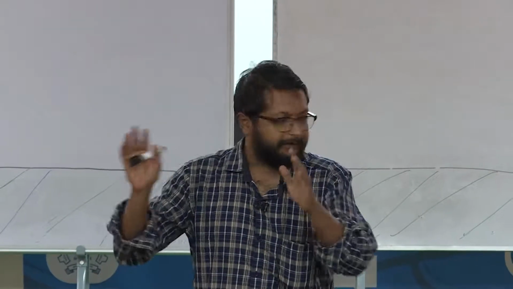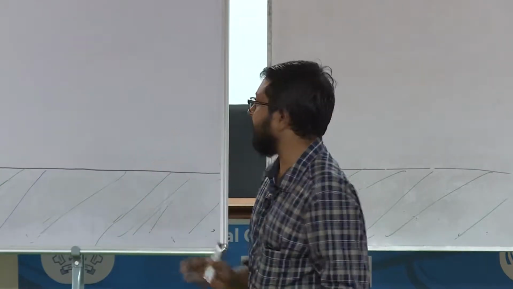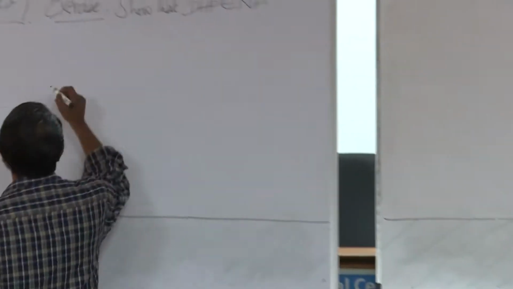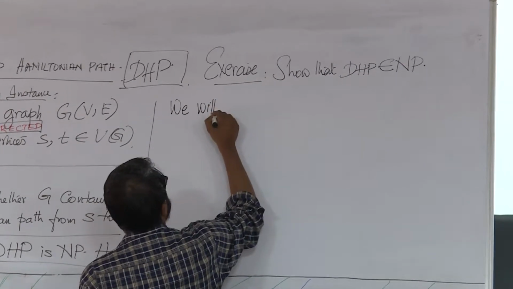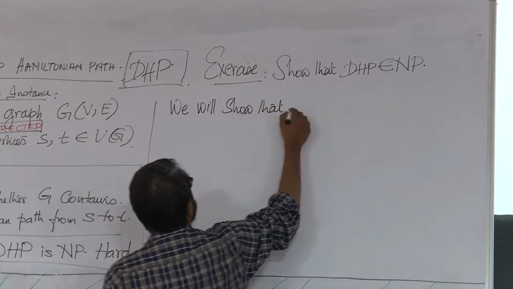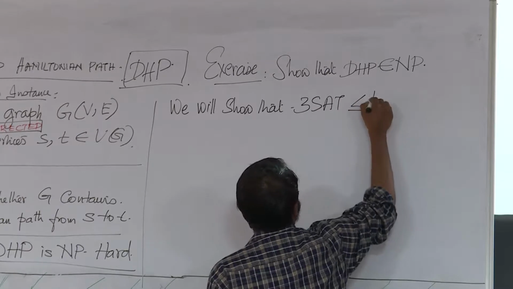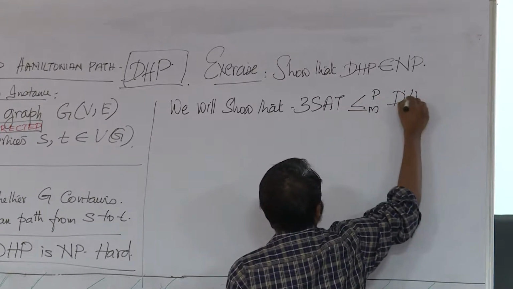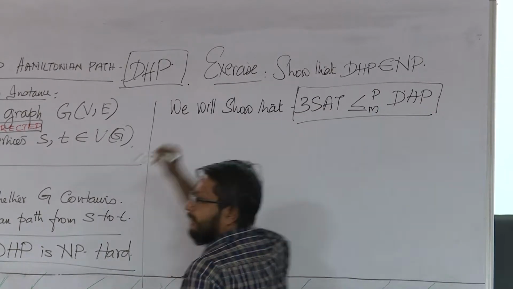Take a known NP hard problem and reduce it to directed Hamiltonian path. So we will show a direct reduction from 3SAT to DHP.